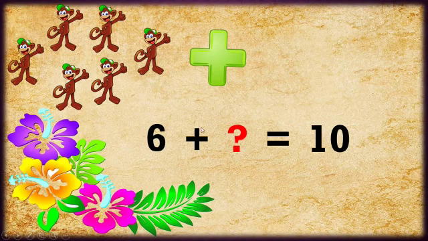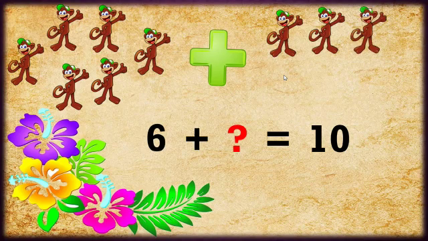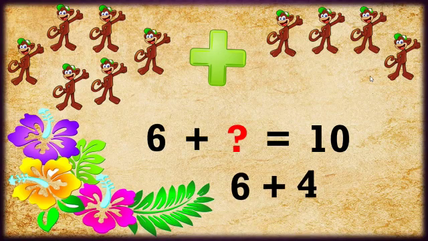So we will count next from 6. 7, 8, 9, 10. We count 4 monkeys more to make it 10. That means 6 plus 4 is equal to 10.